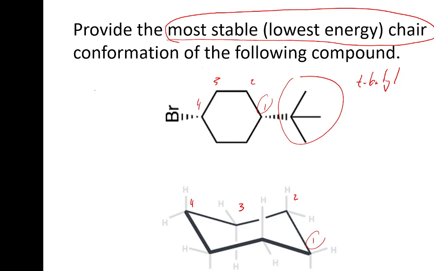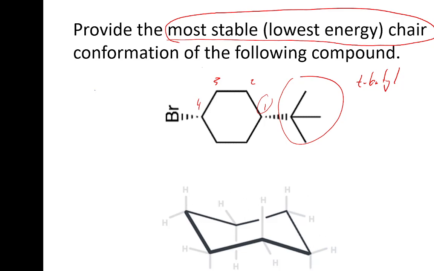And what kind of group is this? Well, it's in the axial position. So is that going to put the tert-butyl in the axial position? Well, no. Now you could always then draw the other conformer so that it's equatorial, right? But why not go for what you really want to do the first time?